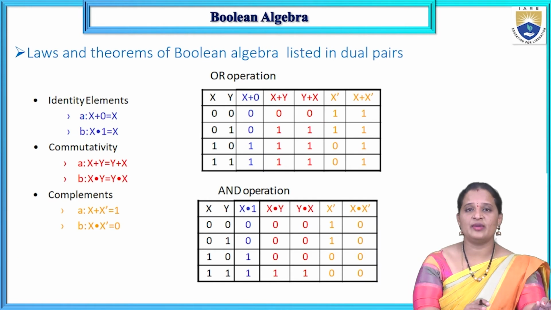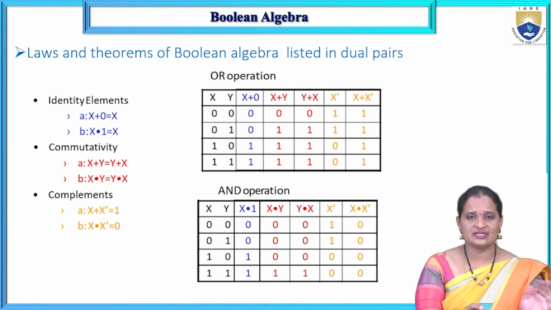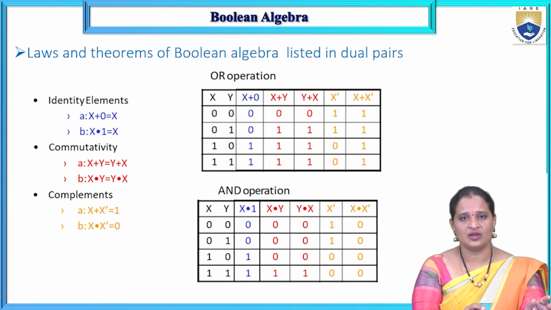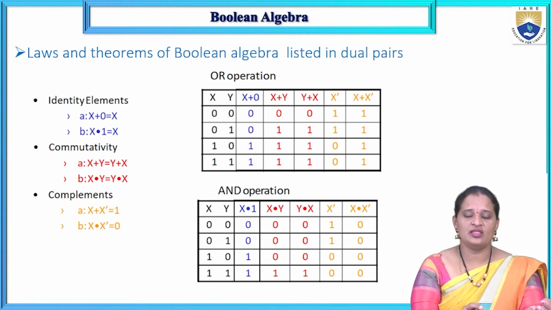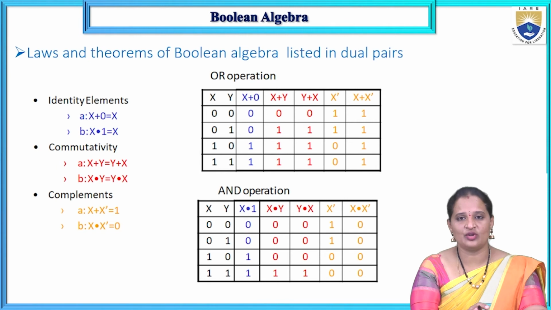Okay, so now coming to the proof here. Just now we have seen all the proofs mathematically. We can also prove them with the help of truth tables. What do you mean by truth table? It is a tabular column which shows all the possible combinations of input variables and the respective outputs for all the possible input combinations.